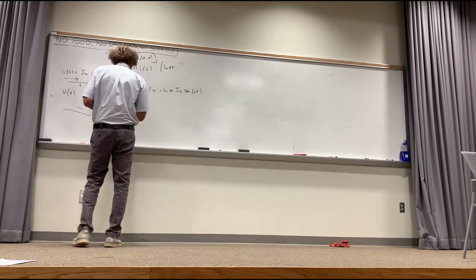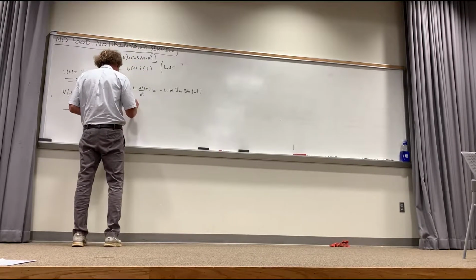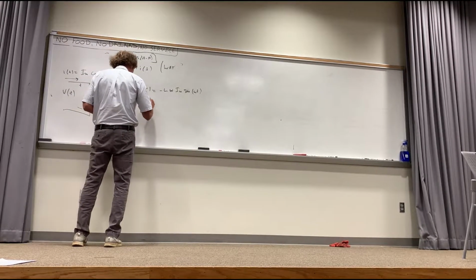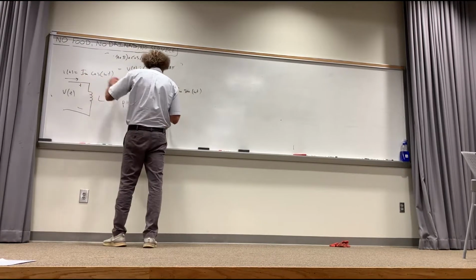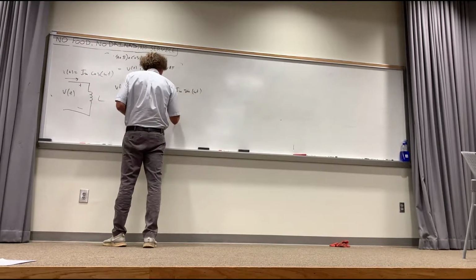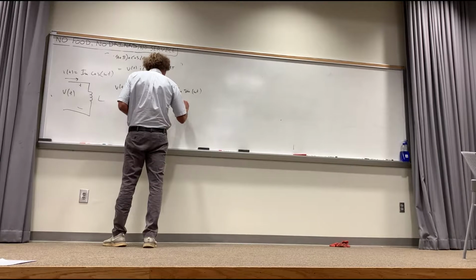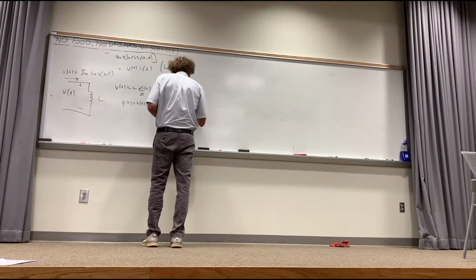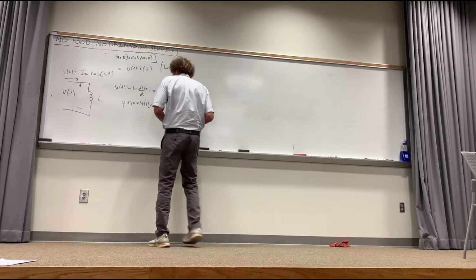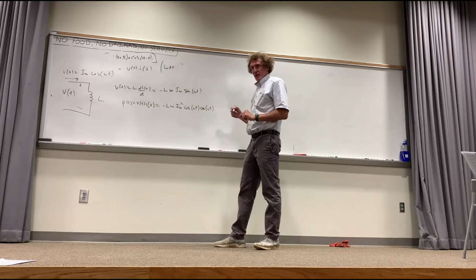That's the voltage. Therefore, the power p(t) is equal to v(t) times i(t), and it's going to be minus L omega Im squared cosine of omega t times sine of omega t. Now that's the instantaneous power.